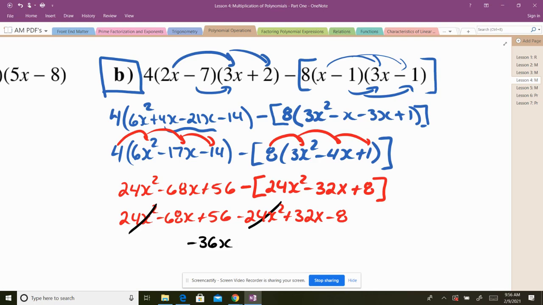Yes. Positive 56. Oh, you know what I did? I made it negative. See how I changed it to positive there? That should be negative. So just put a little minus sign right there and there. So negative 56 minus 8 is negative 64.